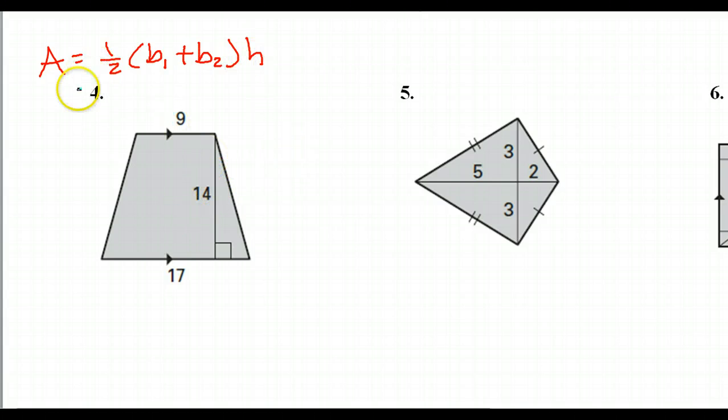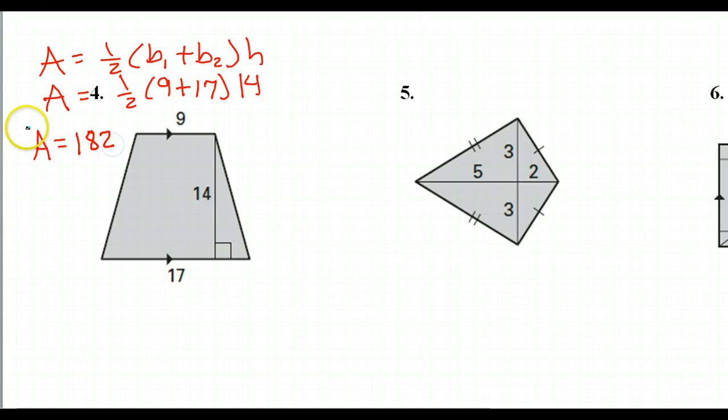Well, we have all of these things, so that means the area is going to equal 1/2 times 9 plus 17 times 14. So the area is going to equal 182.